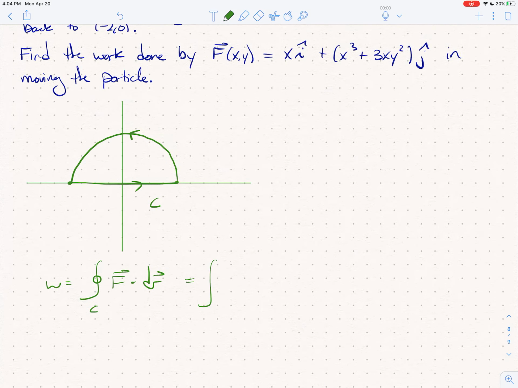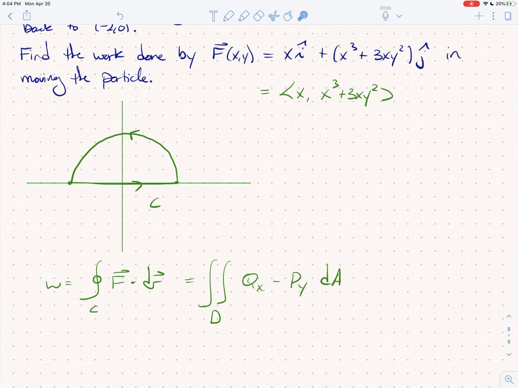And so I know by Green's theorem I can write this as the double integral over D, where D is the region inside C, of Q partial x minus P partial y dA, where maybe we should write this a little more standard. This is x cubed plus 3x y squared.